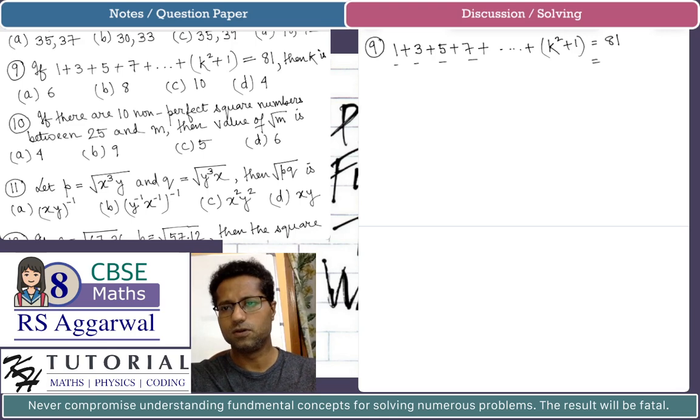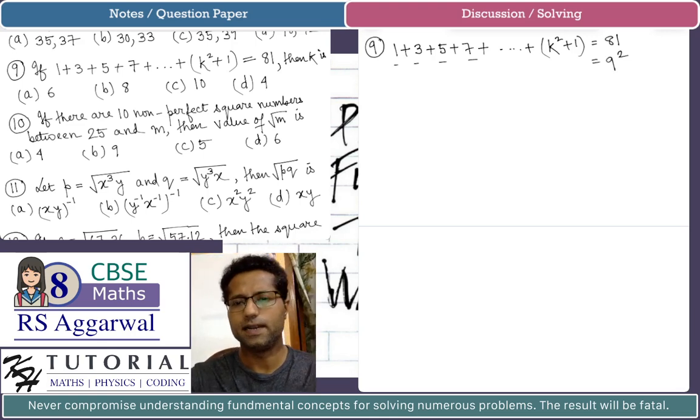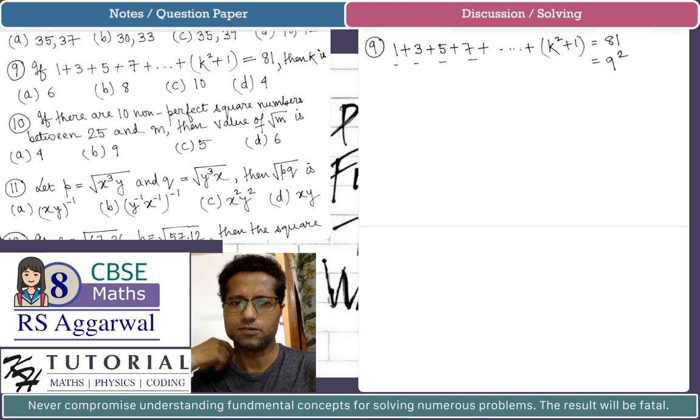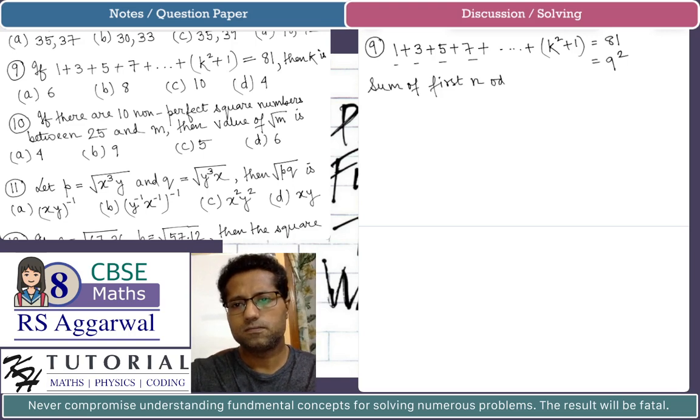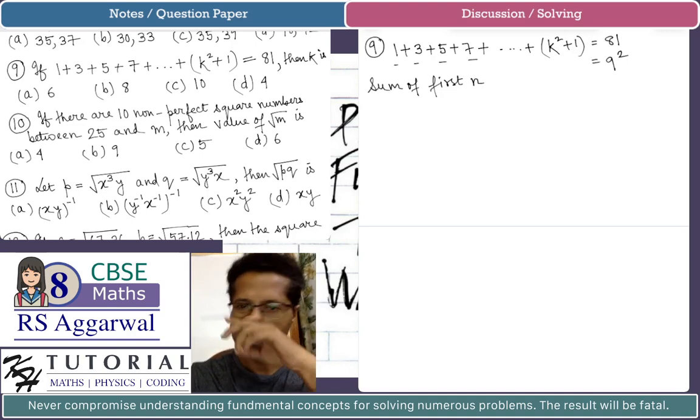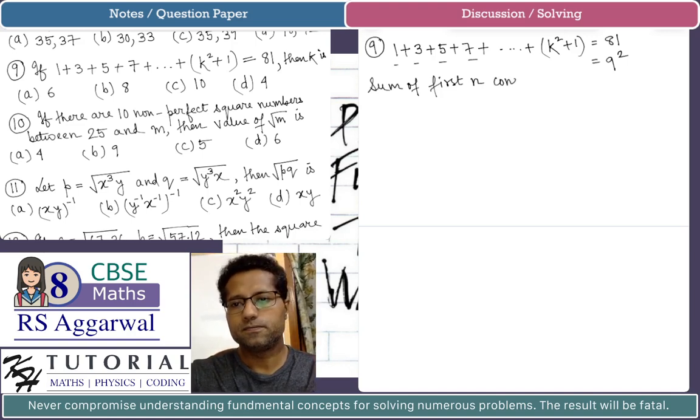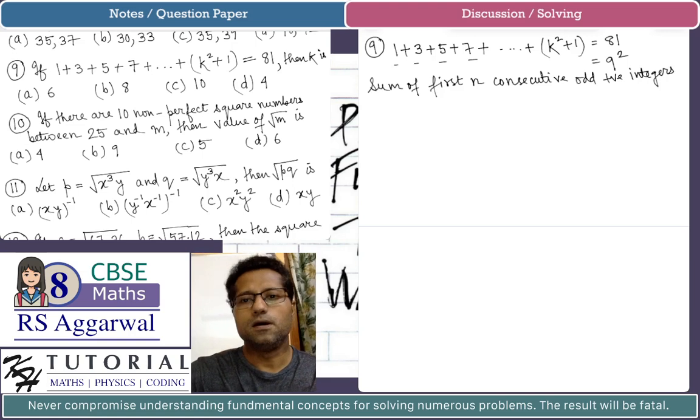We know that 81 is equal to 9 square, and we know the formula that the sum of the first n odd natural numbers is n square.